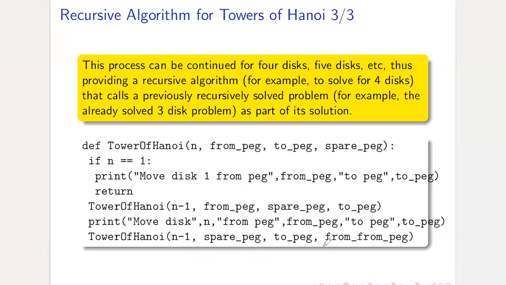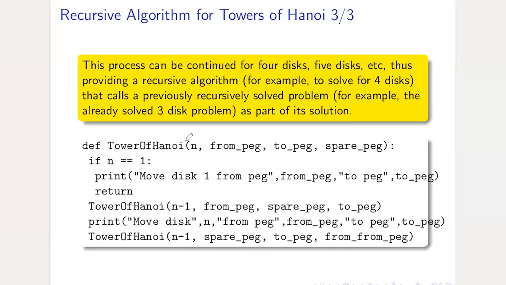Sorry, there's a typing error here. It should be from peg, which is the temporary peg or the spare peg we have used earlier, which now becomes the source peg.